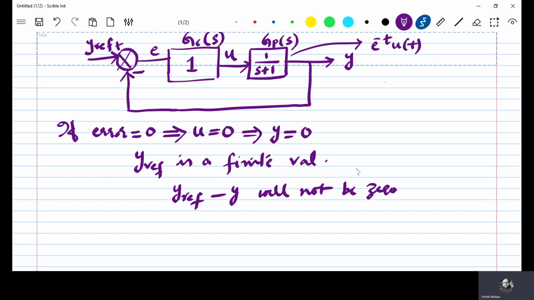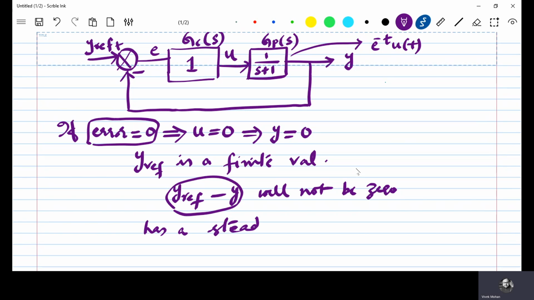But our aim is to make the error 0. This is the condition. Our aim is to make the error 0. So this means that yref minus y is finite, means this system has a steady state error.